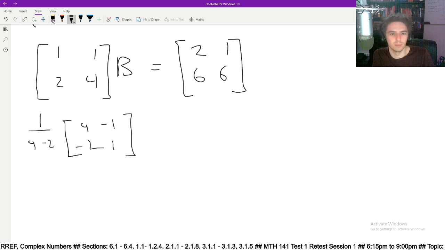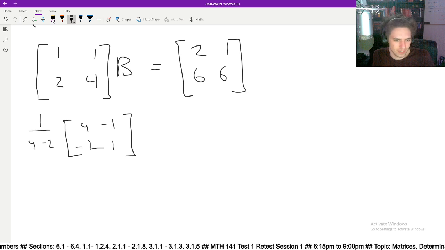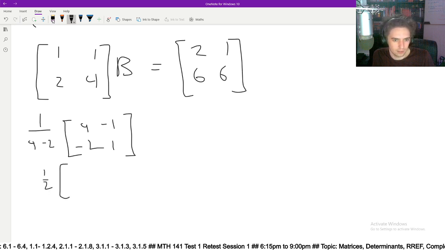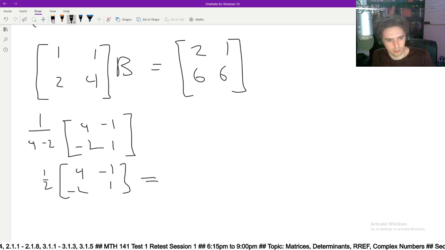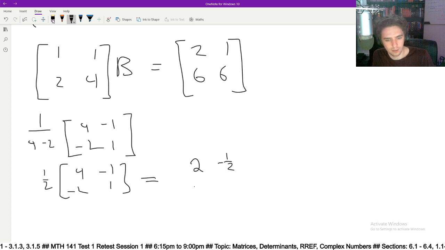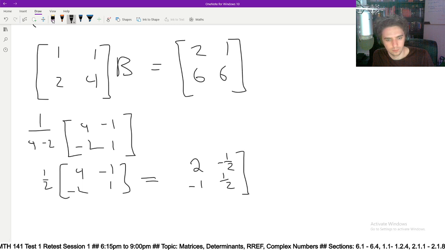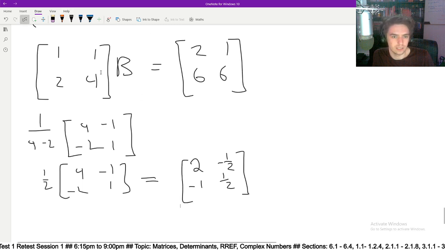I was completely wrong when I did this. Okay, so this is going to be 1/2 times 4, minus 1, minus 2, 1, which is equal to, getting messy, I'll try to write it a little nicer, 2, minus 1/2, minus 1, 1 1/2. Okay, so that's the inverse of that matrix.